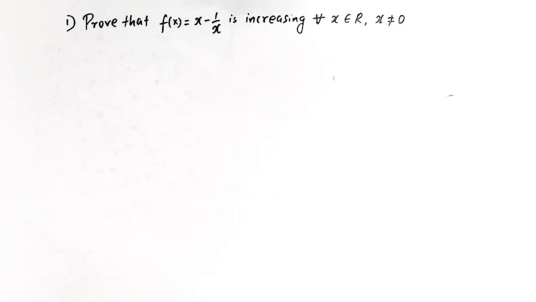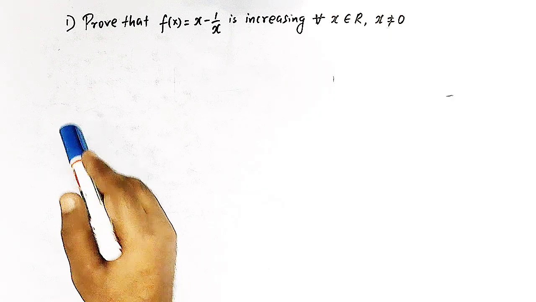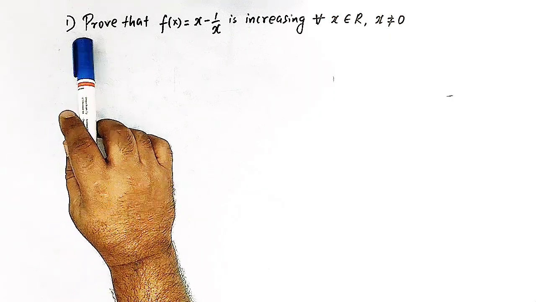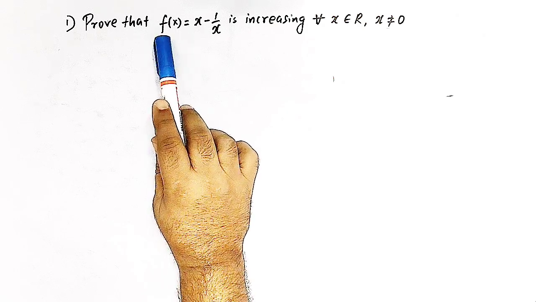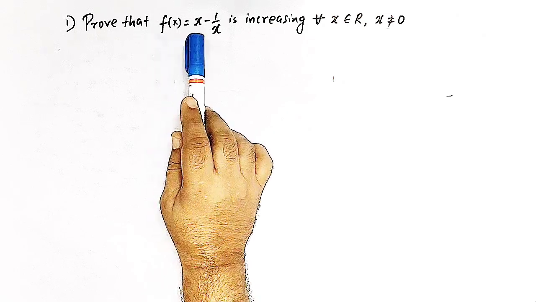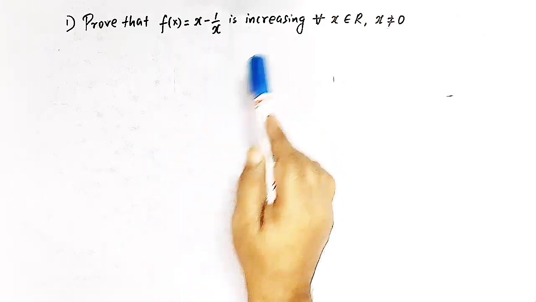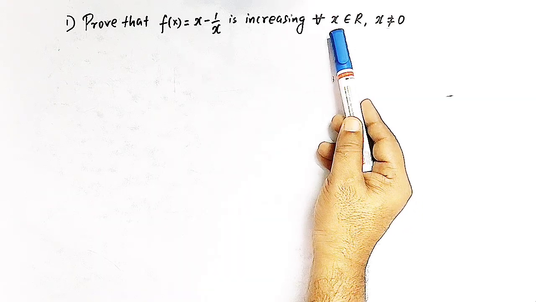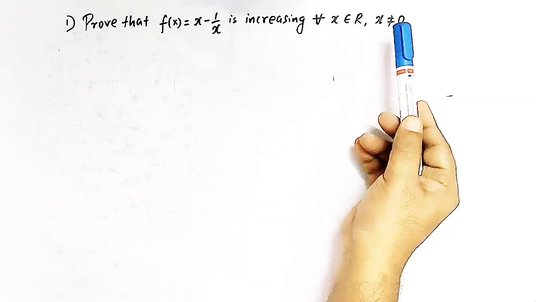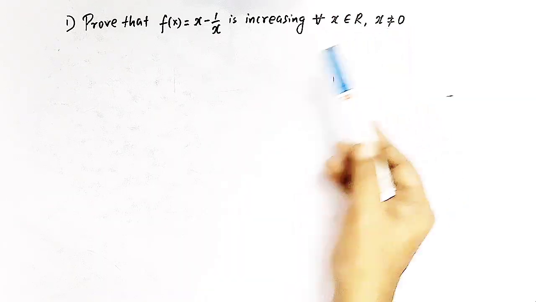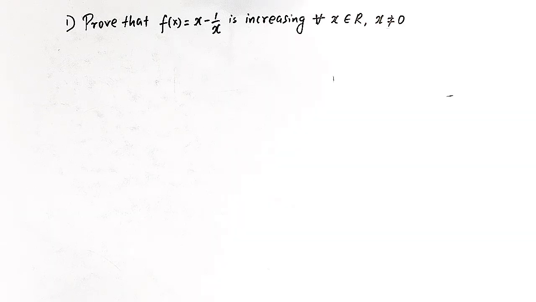Hello viewers, in today's session we are going to discuss some important problems from increasing and decreasing functions. So here first of all we'll take this problem where we have to prove that the function f of x, which is equal to x minus 1 over x, is increasing for all values of x belonging to R, where x is not equal to 0, right?